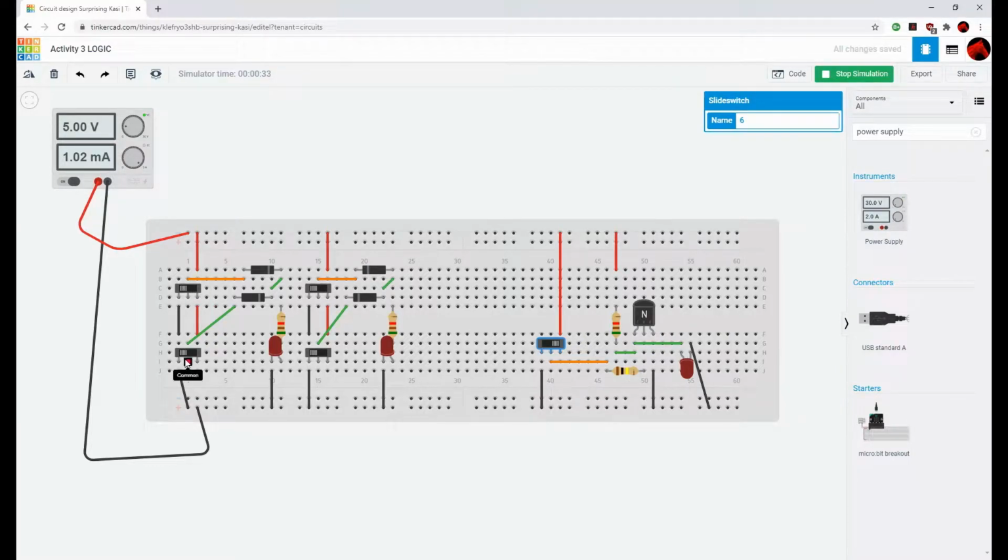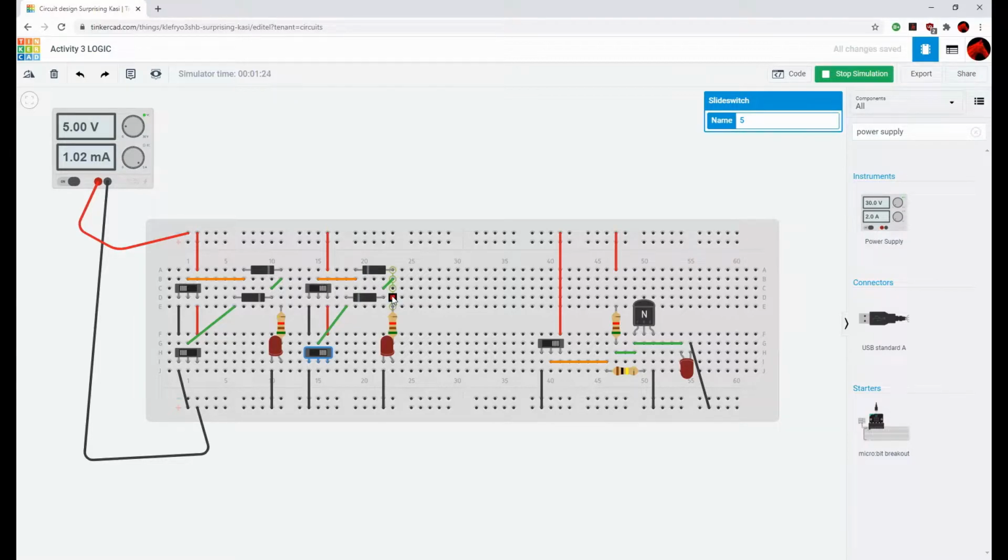OR gate, low, low, low. One high is a high, both high is a high, the other low works. AND gate, low and low, low, high and low, high and high, doesn't work. Aha, I see.